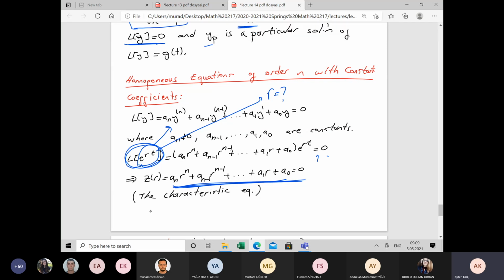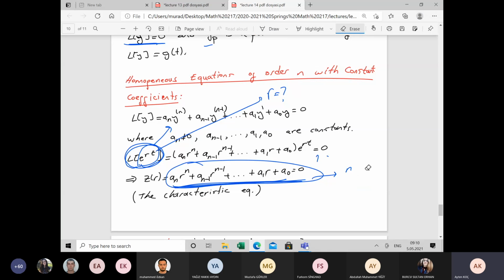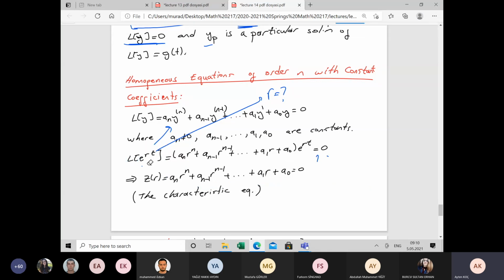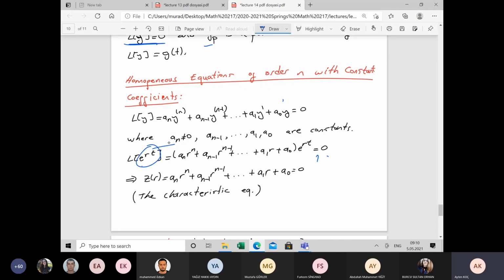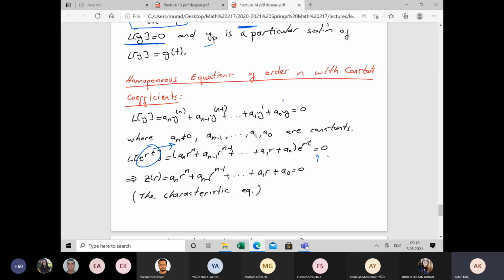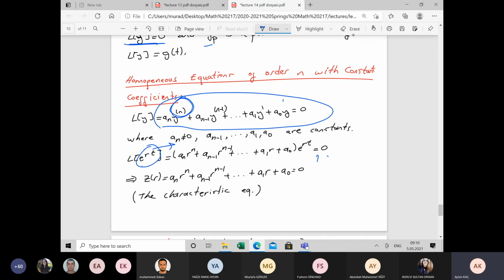The characteristic equation has n roots, so we obtain n solutions of the form e to the rt. Since our differential equation has order n, our aim is to get n fundamental solutions.